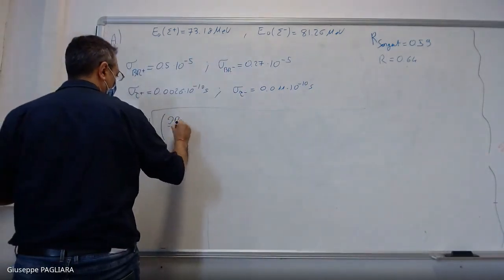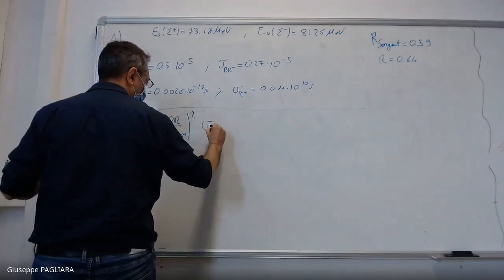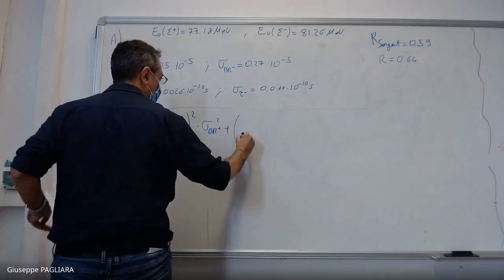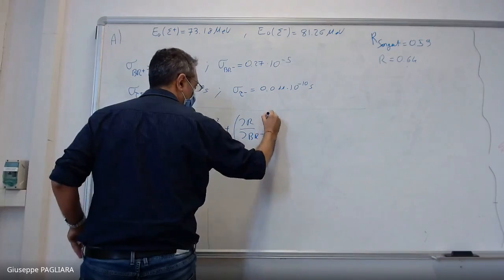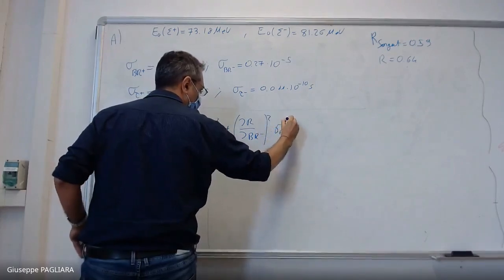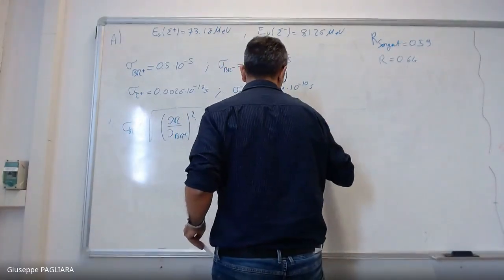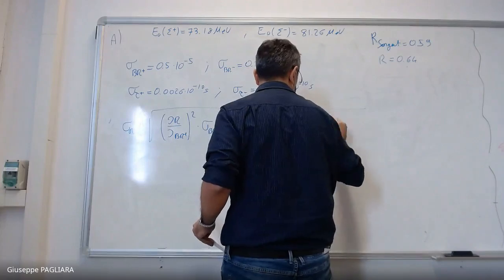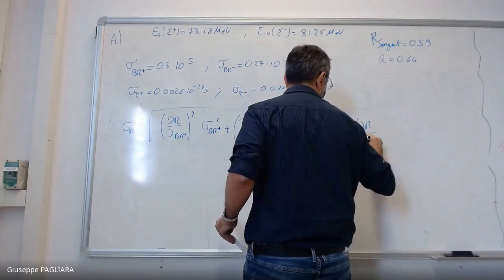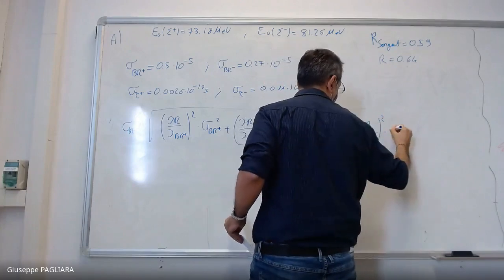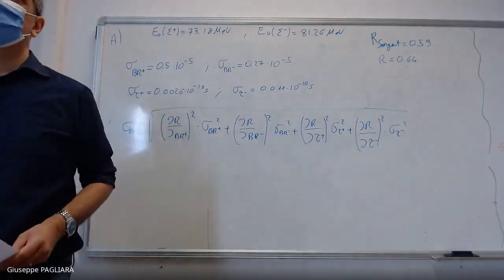So this is dR over d branching plus squared times sigma branching plus squared, plus dR over d branching minus squared times sigma branching minus squared, plus dR over d tau plus squared times sigma tau plus squared, plus dR over d tau minus squared times sigma tau minus squared.